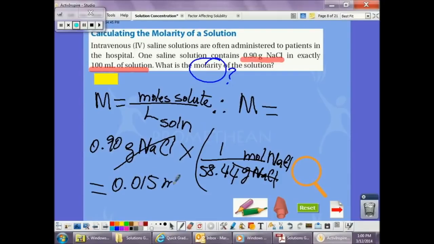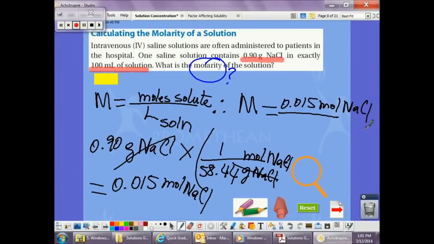0.015 moles NaCl. And I will come up here and replace it with the moles of NaCl, which is 0.015 moles NaCl over what? Is it over 21?